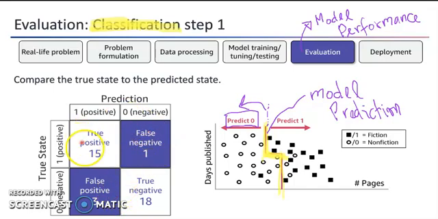Now, these numbers represent one model prediction, from one boundary, with the data points on one side of the boundary and the other side. If you count the data points on the left, most of them are circles, which are predicted here as zeros, specifically as non-fiction. But there is one square there. That square represents one of the errors, one of the mistakes.